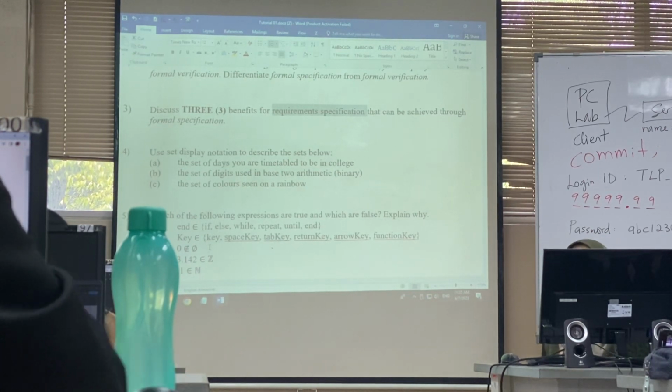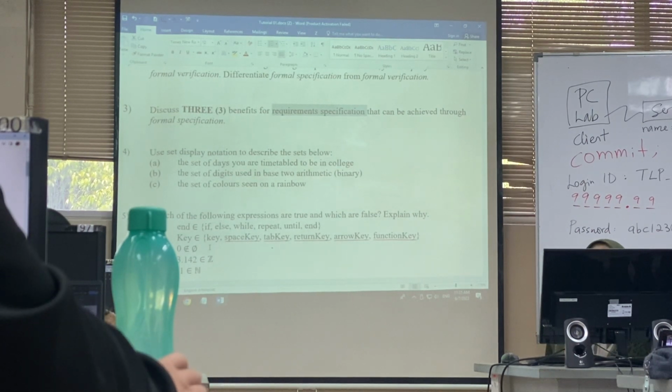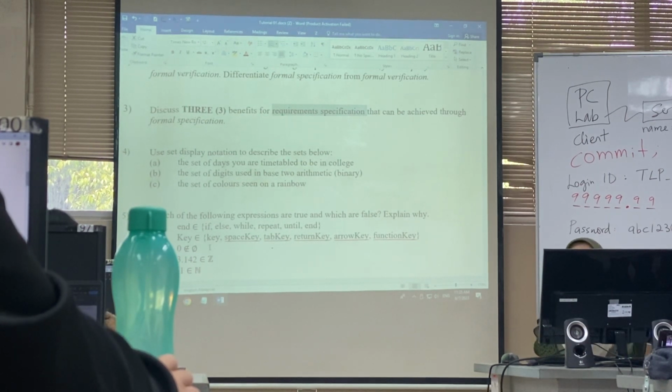Because you use logic and sets, it is easier to clarify the requirement, and also remove ambiguity. Ambiguity is something like here it says 3 seconds, here it says 5 seconds. Then you check, how come it is different? In order to confirm, you can talk to the clients again, 3 or 5.